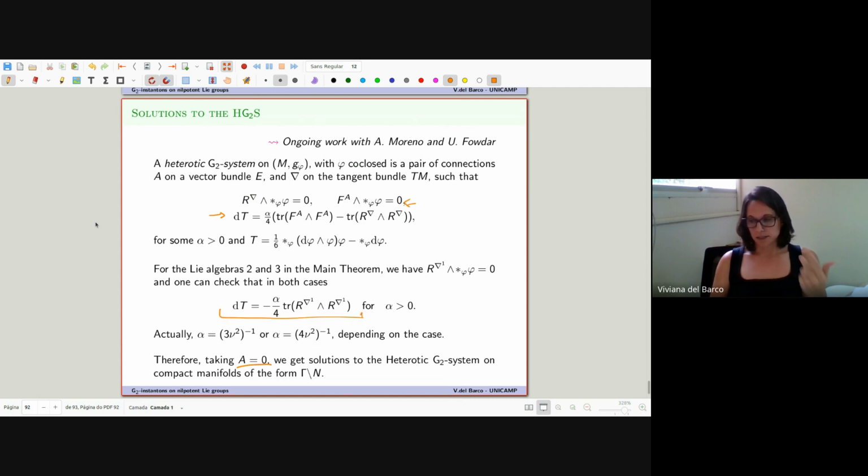And these 3 families in the main theorem give you solutions of the heterotic G2 system on compact manifolds, because within this family you can always have lattices there. So this gives you solutions on compact manifolds as well.